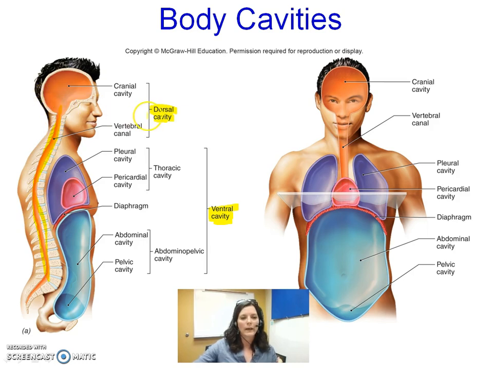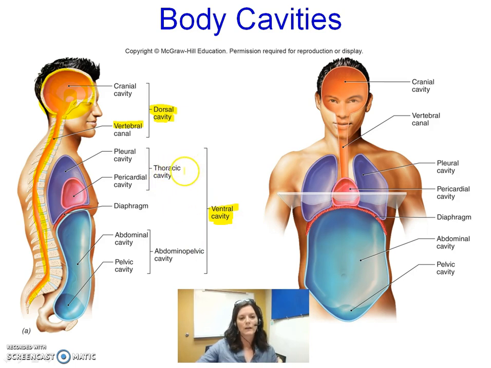So in the dorsal cavity of the human body, you have two subsections. One is the cranial cavity, which is where the brain is housed, and one is the vertebral canal, which is where the spinal cord is housed. So the cranial cavity plus the vertebral canal make up the dorsal cavity. The ventral cavity is going to be everything else.